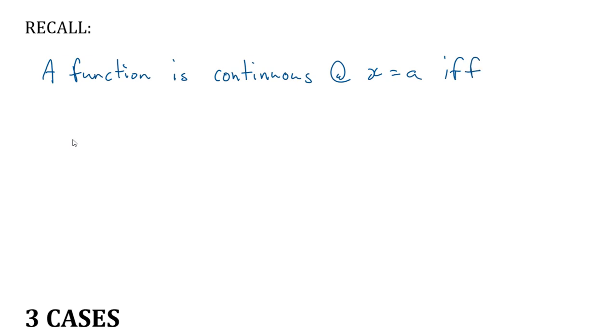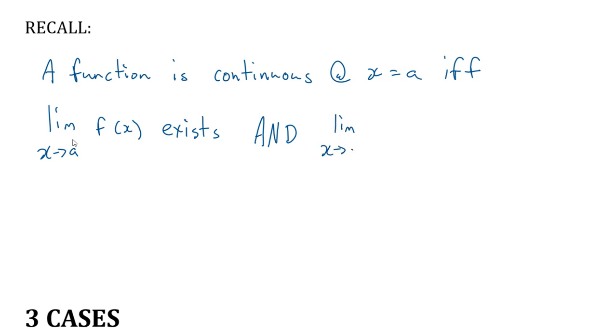Okay. The formal definition of continuity is this. We wrote this down before. We're going to do it again. A function is continuous at x equals a if and only if the limit as x approaches a of f of x exists, and the function exists, and the limit as x approaches a of f of x equals f of a.